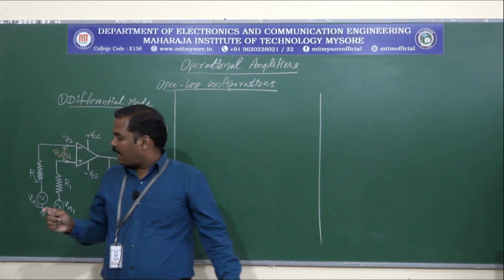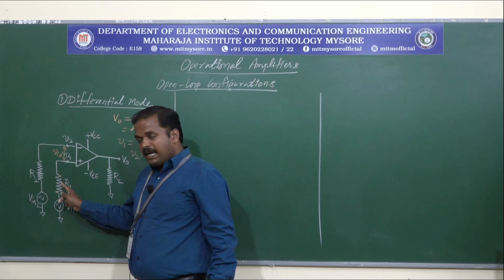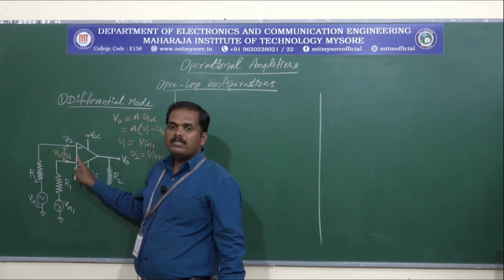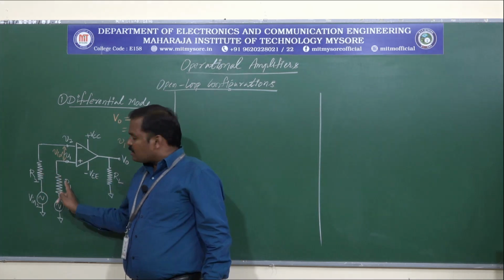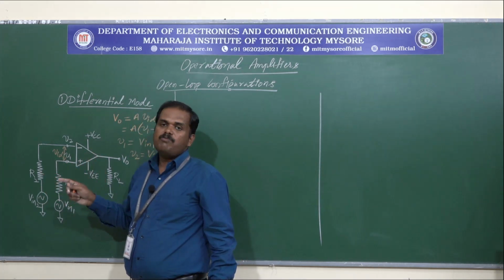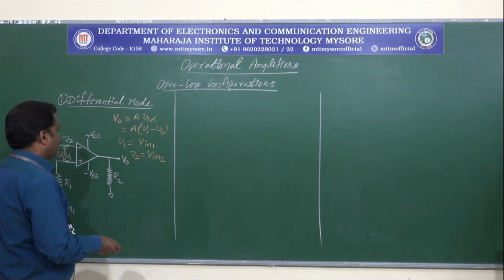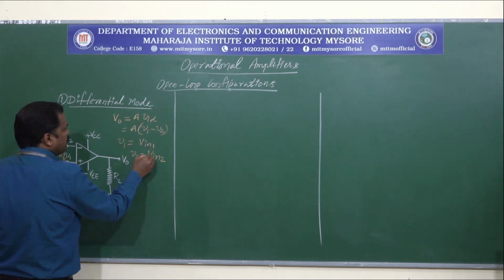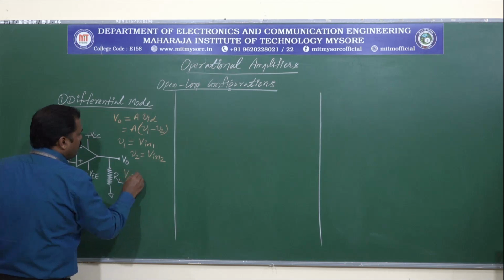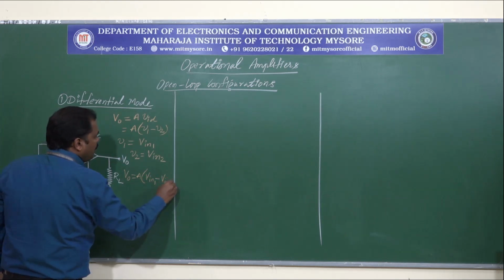Though we have the resistances R1 and R2 connected here, these will be negligible compared to the input resistance of the op-amp. So the voltage drop across these resistances will also be negligible, and will have negligible impact on the output. So substituting these values here, V0 can be written as A into V in 1 minus V in 2.